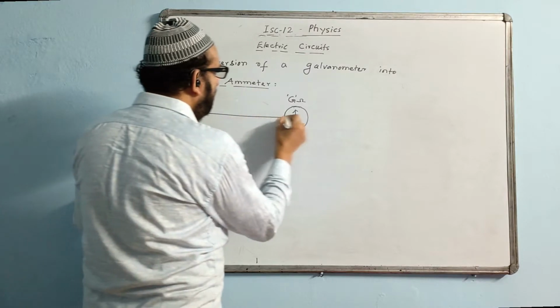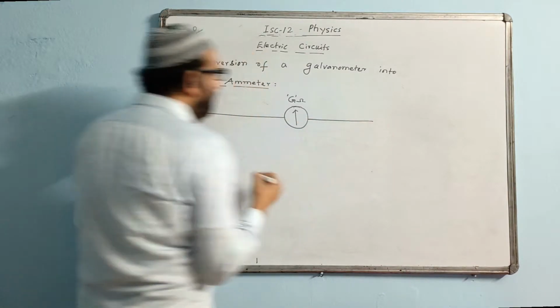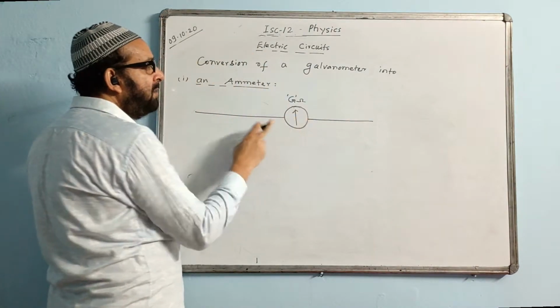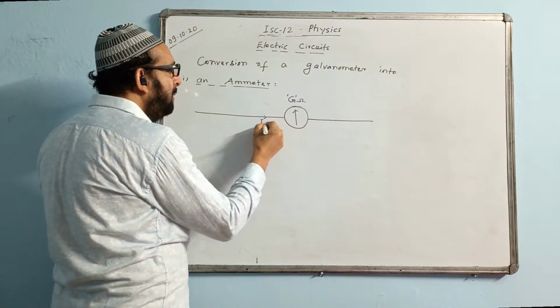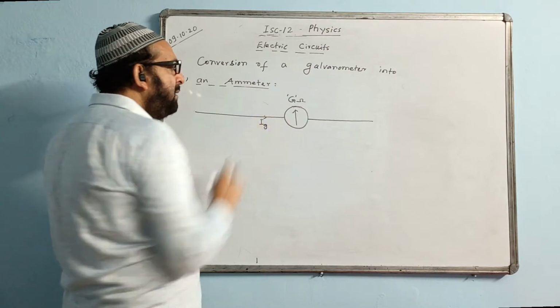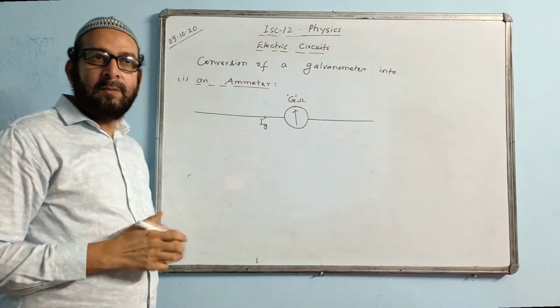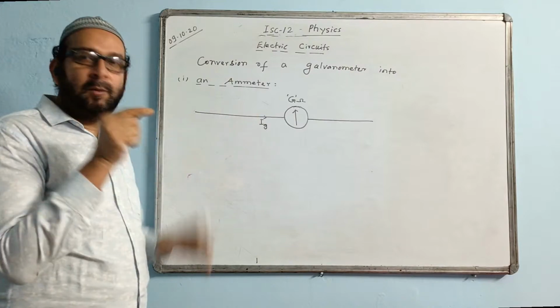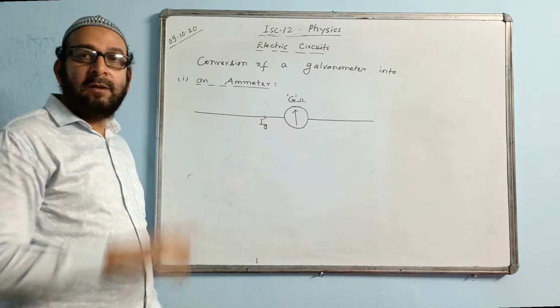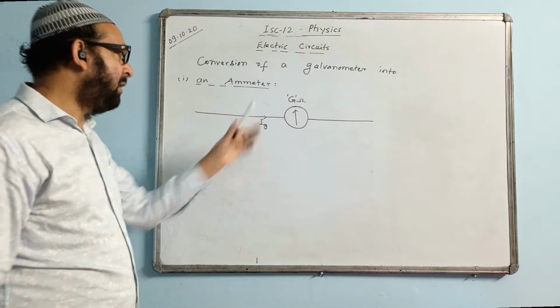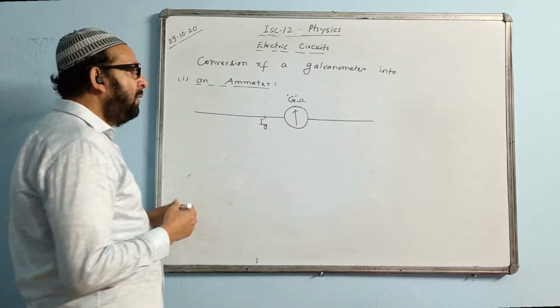Galvanometer can give full steady current, that is the maximum current which we can allow through the galvanometer, suppose Ig. The value of Ig is low. It allows only a small current to pass through, because a heavy current will damage the pointer, the galvanometer. It will burn the coil.